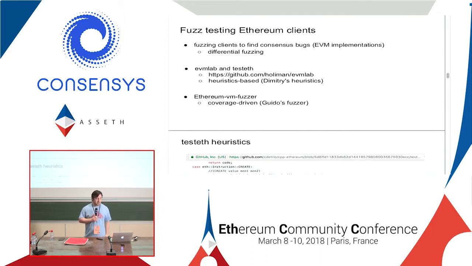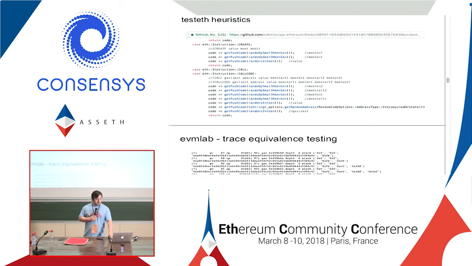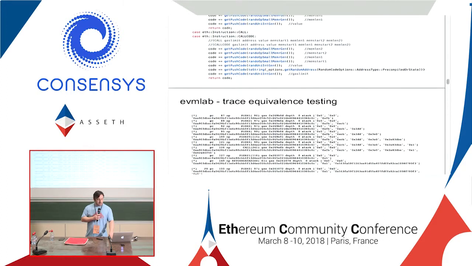It has one of these custom test case generators with heuristics. So this is the code that generates a random sequence of bytecode that should be correct. So we run that.